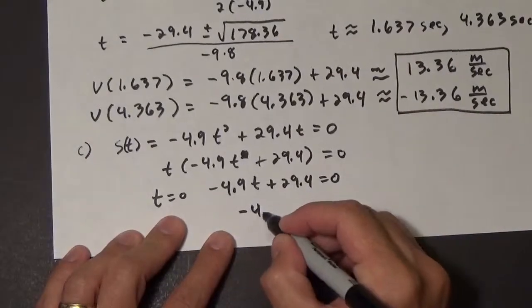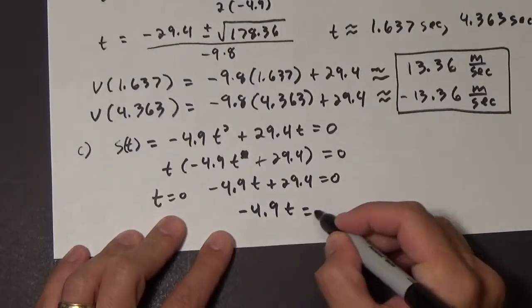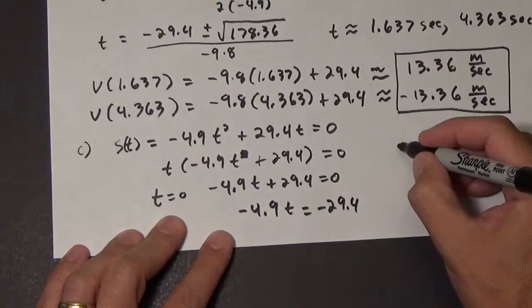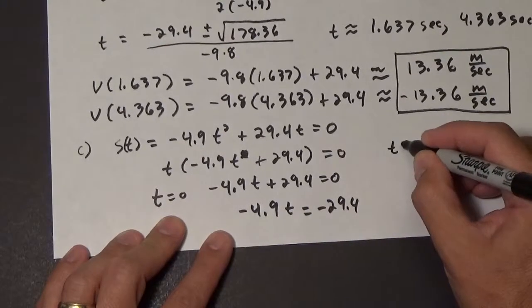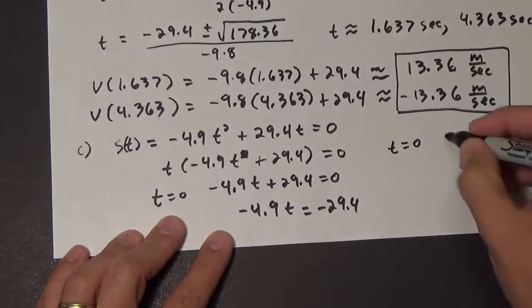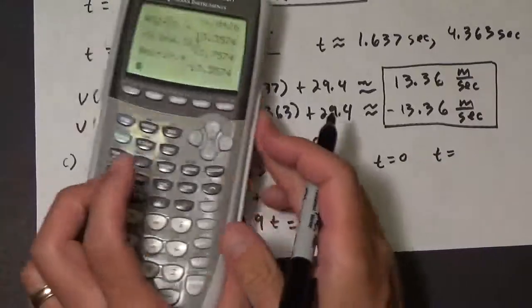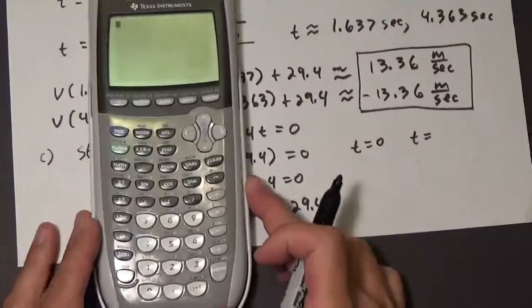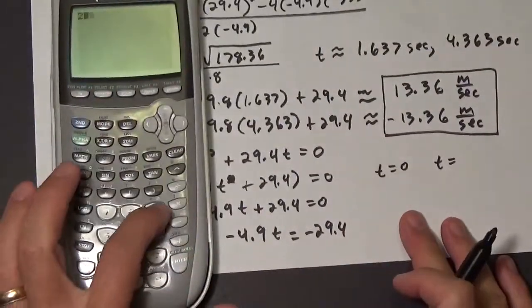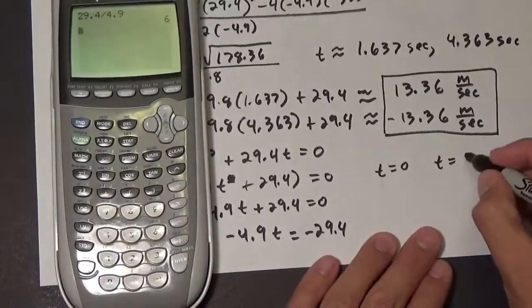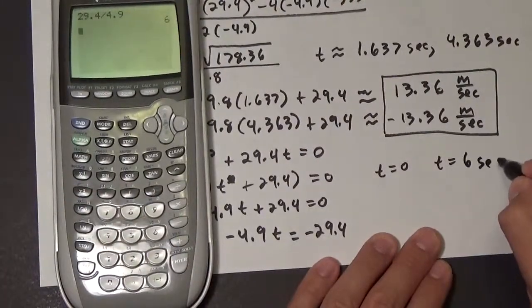Let's get this other answer here. So we have negative 4.9 t equals negative 29.4. And so we're going to end up with t equals 0 and t equals, I'm going to calculate that. 29.4 divided by 4.9 gives us 6 seconds.